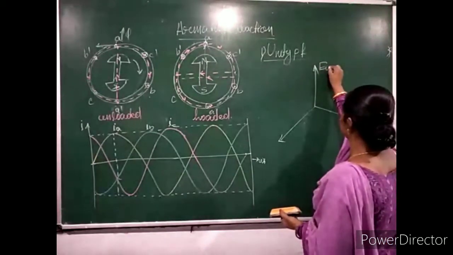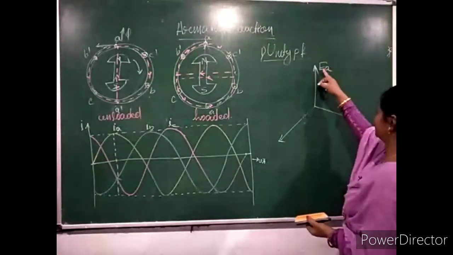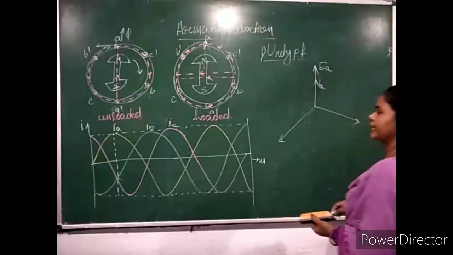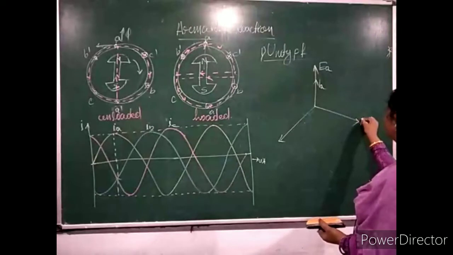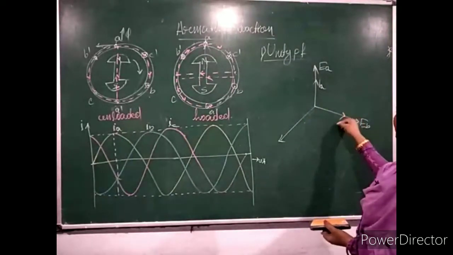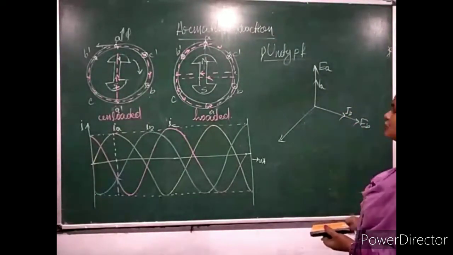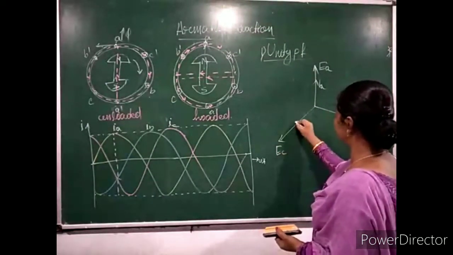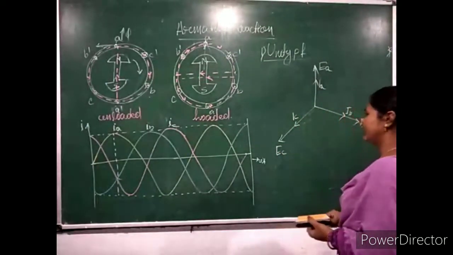This is phase A current, voltage, phase A current, they are in phase. Similarly, this is phase B voltage, phase B current, phase C voltage, phase C current.